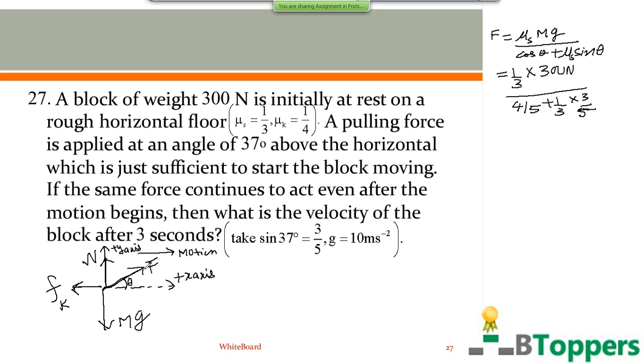You can resolve this pulling force into rectangular components parallel to the x and y axes. Further, you can construct a rectangle with adjacent sides parallel to the x and y axes, so that this pulling force acts along the diagonal of the rectangle. The horizontal component of the pulling force will have magnitude F cos theta.